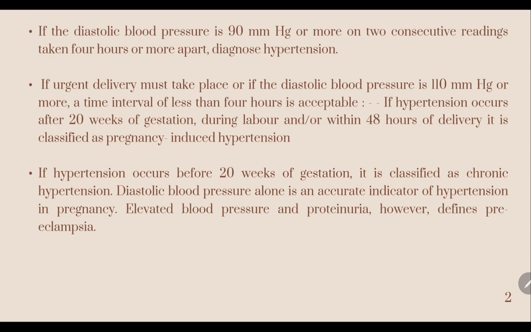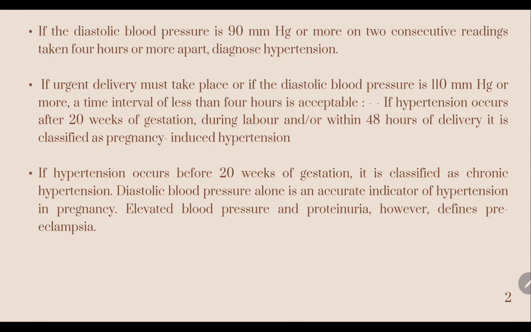So in this case, if the diastolic BP is increased during the period of pregnancy, like after 20 weeks of gestation, during delivery, and up to 48 hours after delivery, then it is considered to be pregnancy induced hypertension.